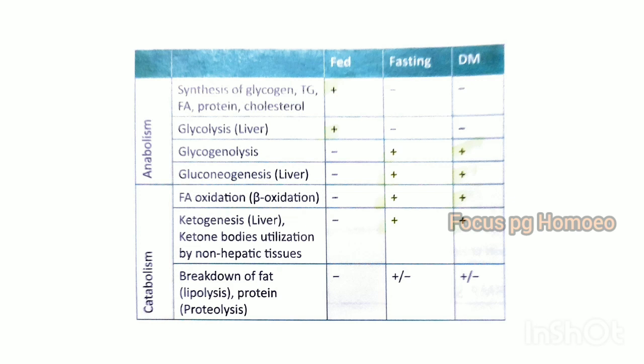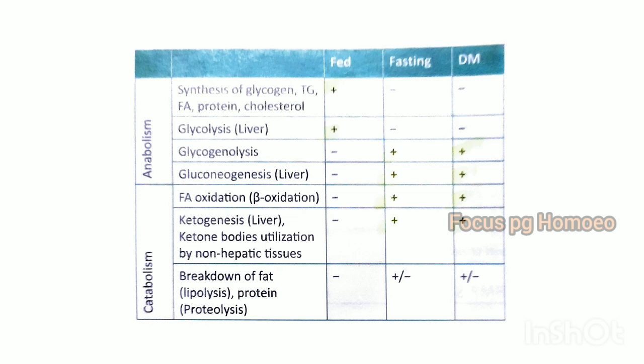Next table is showing the processes of anabolism and catabolism. So the processes of anabolism are glycolysis, synthesis of glycogen, triglyceride, fatty acid, protein, cholesterol, glycogenolysis, and gluconeogenesis. So synthesis of glycogen and glycolysis are anabolic in the well-fed state, and glycogenolysis and gluconeogenesis start in fasting and in diabetes mellitus.